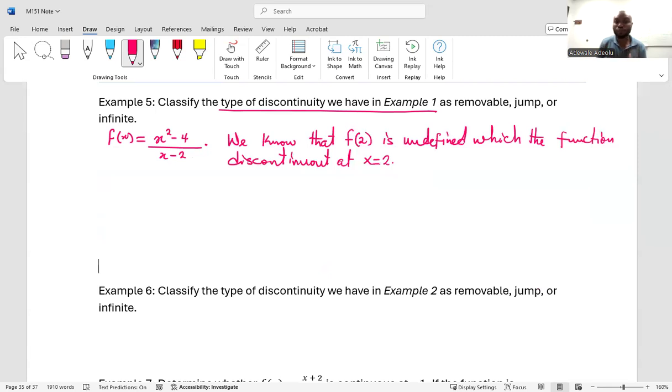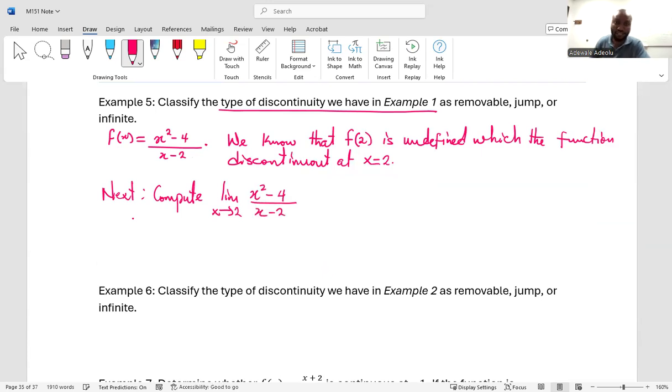So to do that, we need to actually check for the limits. Next, we need to compute the limit as x goes to 2 of x squared minus 4 divided by x minus 2.